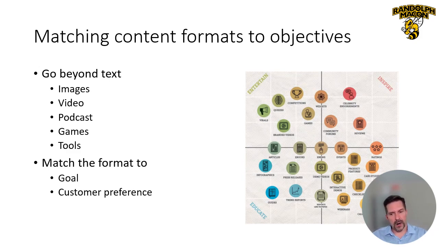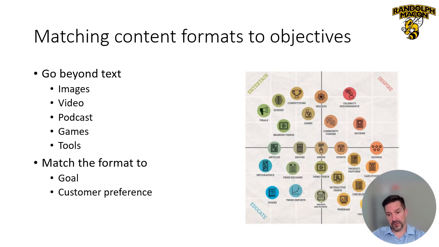Okay, there are many other types of content that go beyond text, and in fact, while text was king 20 years ago, images and videos are king now, right? So there are different types of content that you should be seriously considering, and of course, this is going to be a function also of the platform that you use, right?